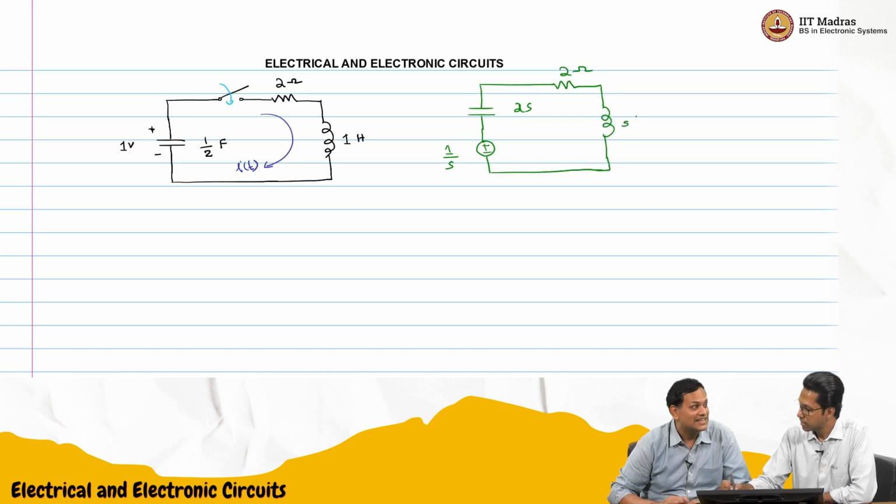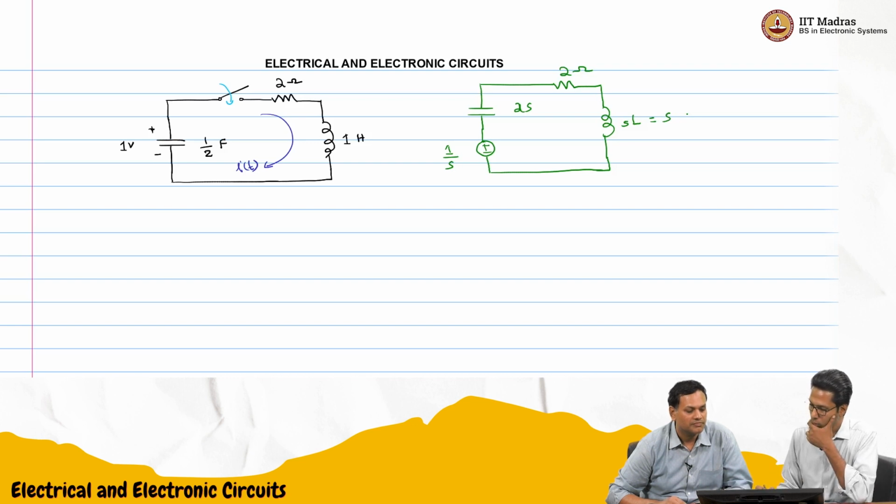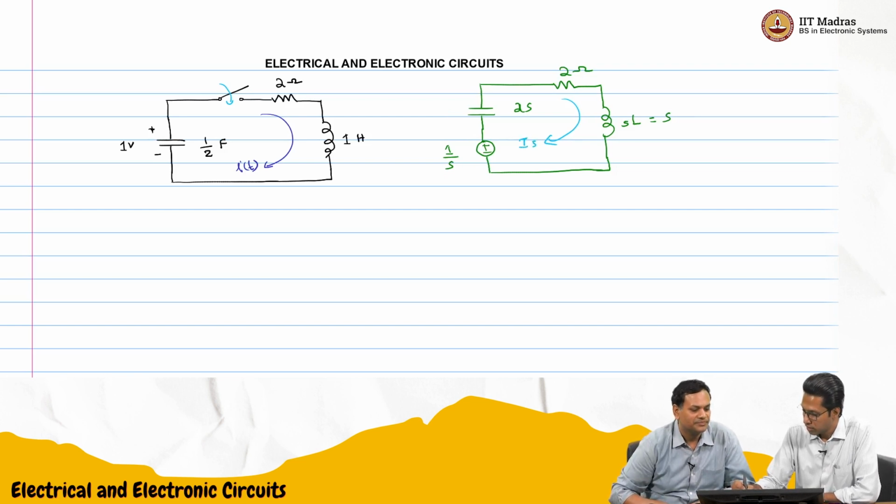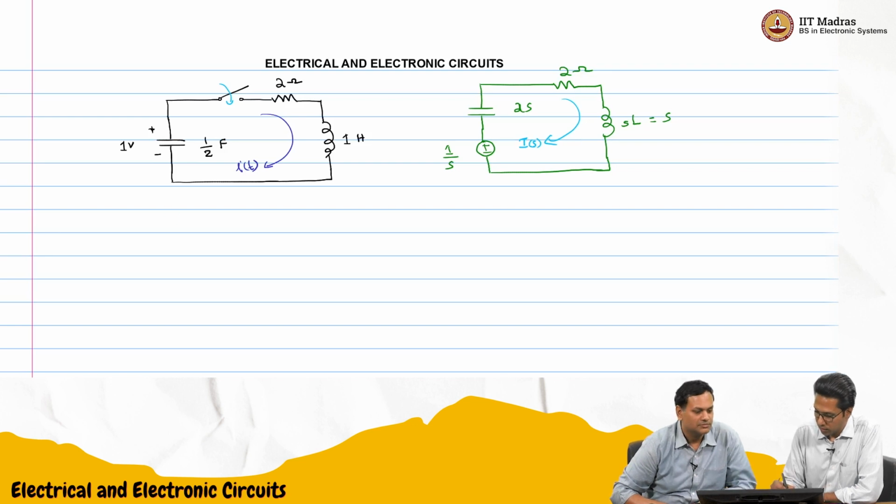And this is SL, so S, because L is 1 here. Oh, it's so simple, no? I was expecting something complicated. Because the initial condition is captured here. Okay. So, I of S. Correct, no? Yes. Let's try it.